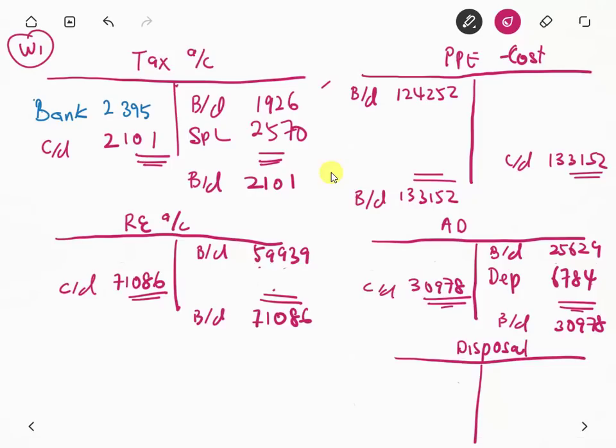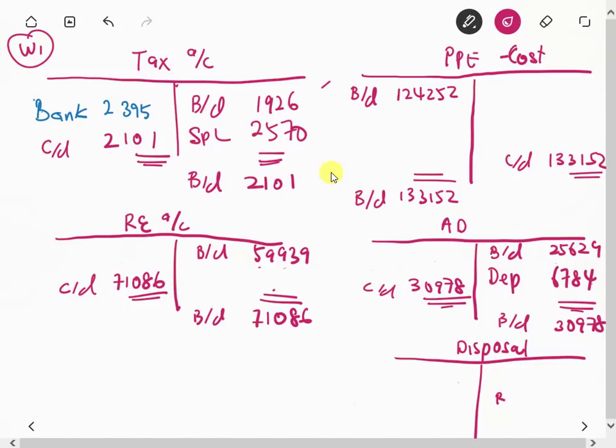The company sold for 5667. You sell it for this amount. PPE, accumulated or disposal? Disposal, debit or credit? I sell it for this amount. Step 3, cost, accumulated, bank.